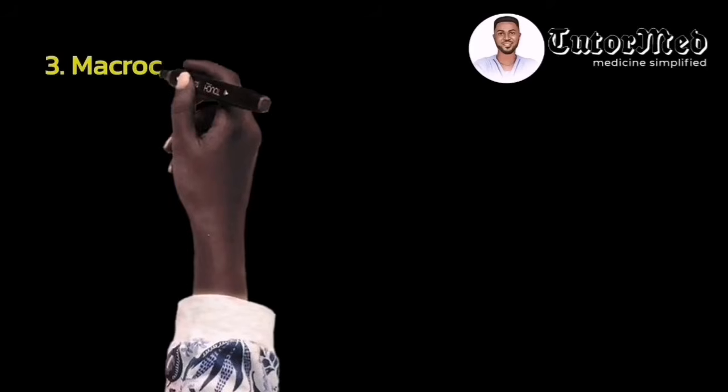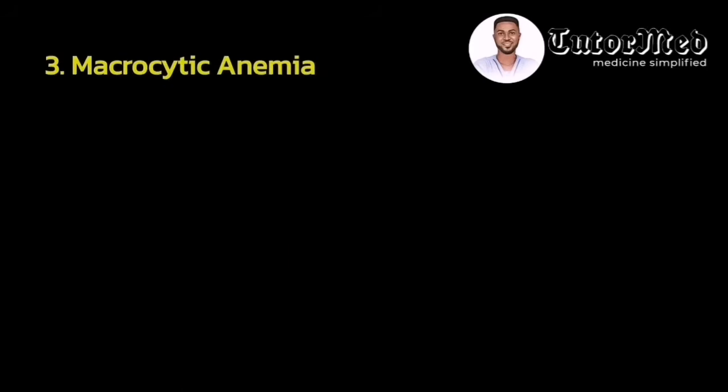Now when the MCV is greater than the upper limit of normal, then we have a macrocytic anemia. And here we expect that the HB will also be hyperchromic, but we usually do not add that. So macrocytic anemia can be divided into megaloblastic anemia and non-megaloblastic anemia.